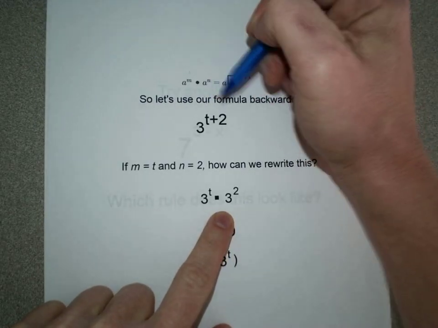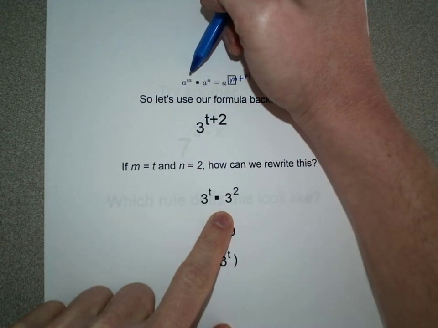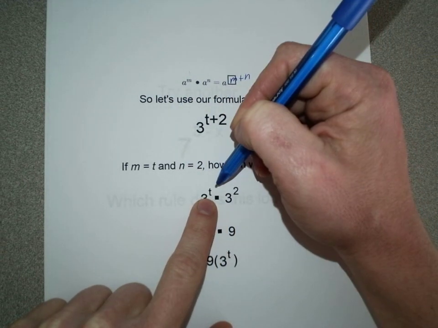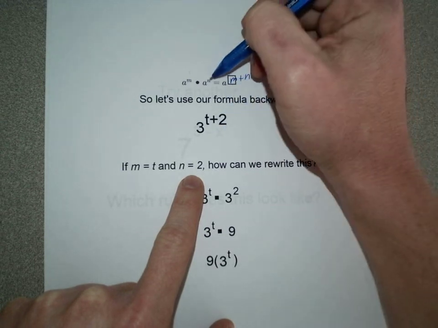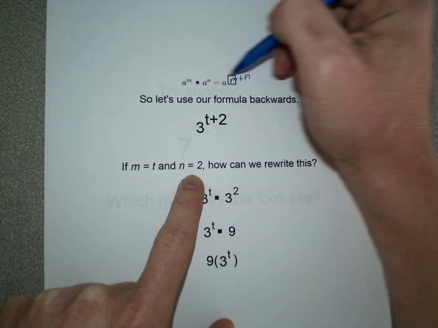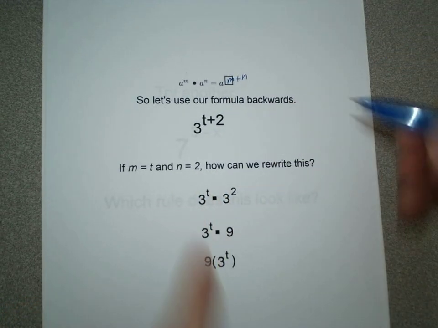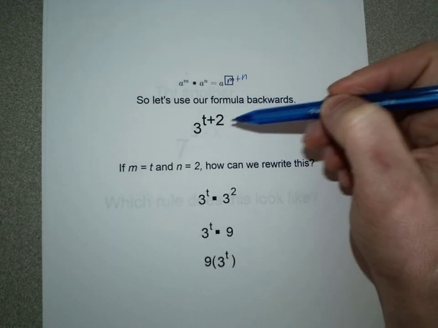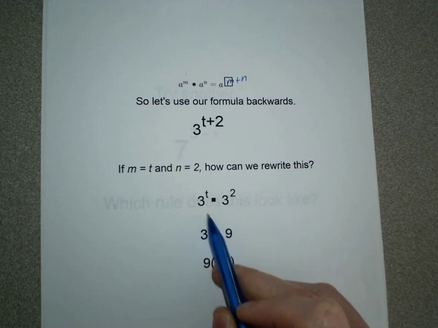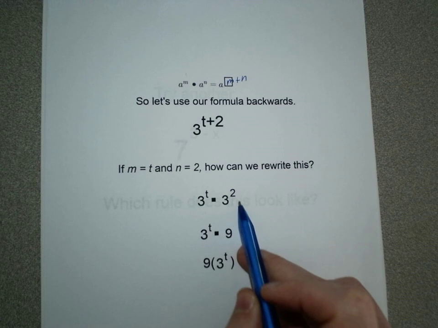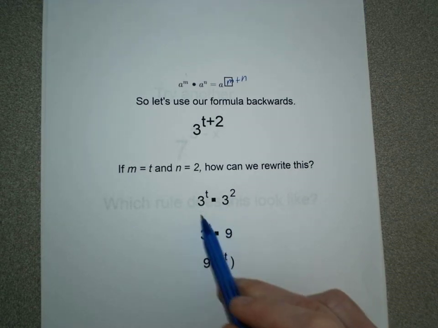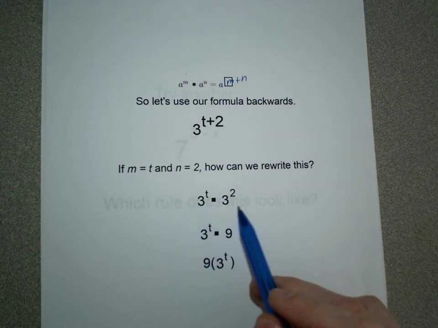My m value was t, so wherever I saw m, I'm going to replace it with t. And my n value was 2, so wherever n was, I'm now going to replace it with 2. So another way to write 3 to the power of t plus 2 is 3 to the power of t times 3 squared.